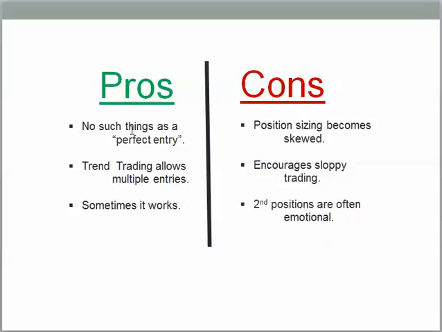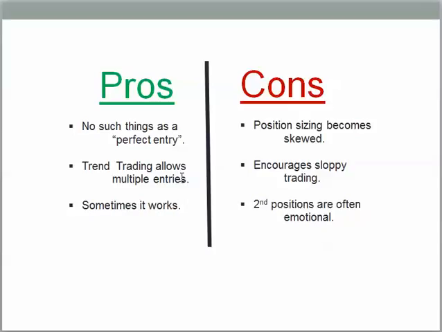So there's no such thing as a perfect entry on the pro side. Okay, we acknowledge that. And that's one reason that some people believe in entering multiple positions on the same stock, because there is no such thing as a perfect entry. Trend following allows multiple entries, and this is true.